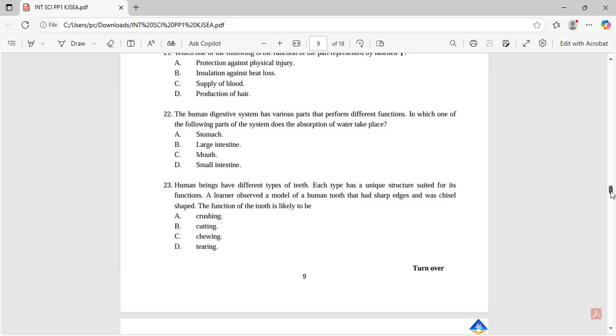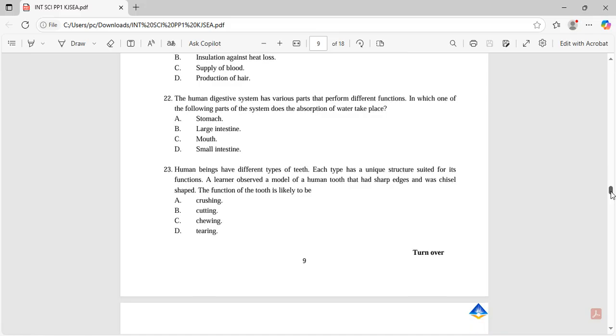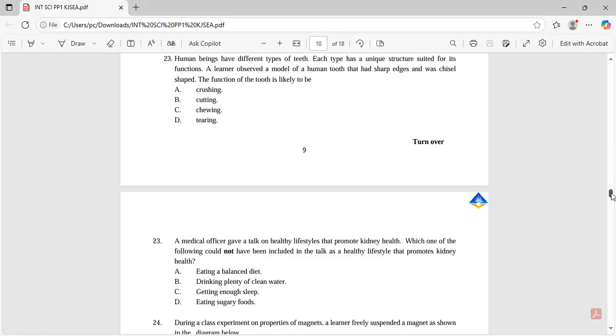Each type has a unique structure suited for its function. The learner observed a model of the human tooth that had sharp edges and was chisel shaped. The function of the tooth is likely to be cutting. That's the incisors, which have chisel-shaped edges. So number 21B, incisors, for cutting.